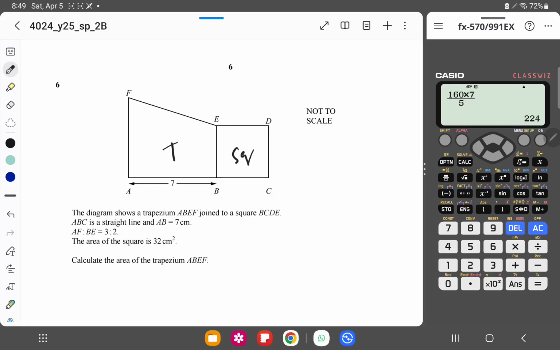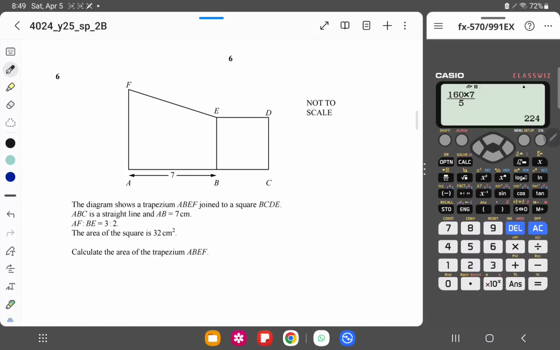ABC is a straight line and AB is 7 centimeters. The ratio AF to BE is 3 to 2, which is the ratio given to us. Now the area of the square is 32 square centimeters.